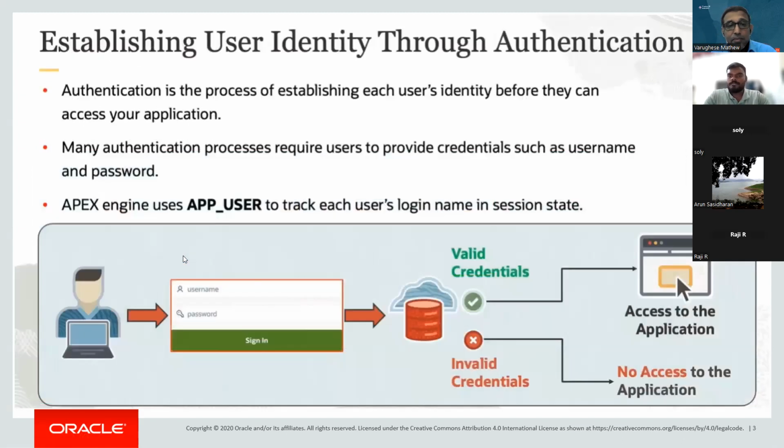And one more step we added: once the user successfully logs into the Oracle Apex application, Oracle Apex populates an application item called APP_USER. The username which you feed when you are logging into the system will be stored in the APP_USER application item, to track each user's login name in the session state.